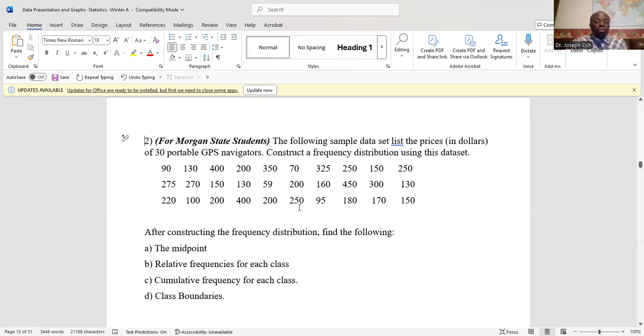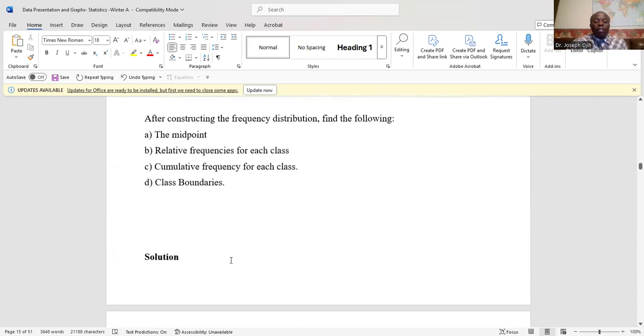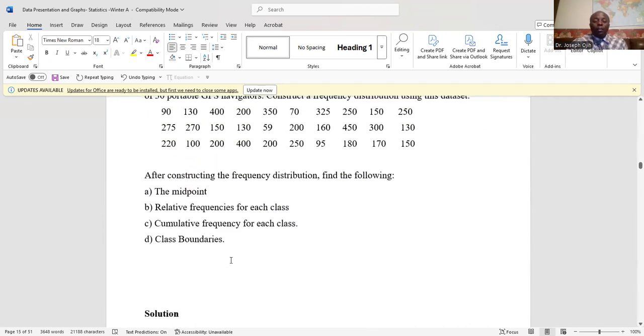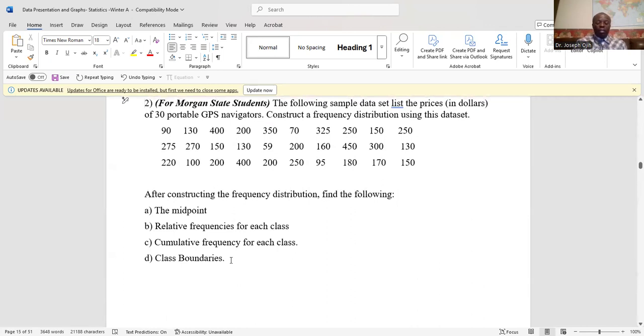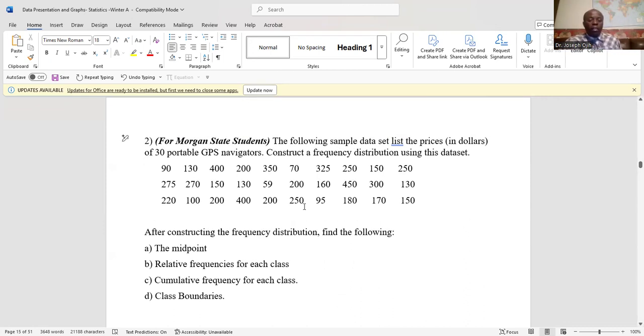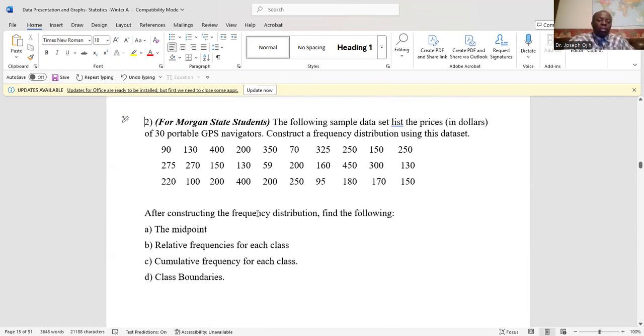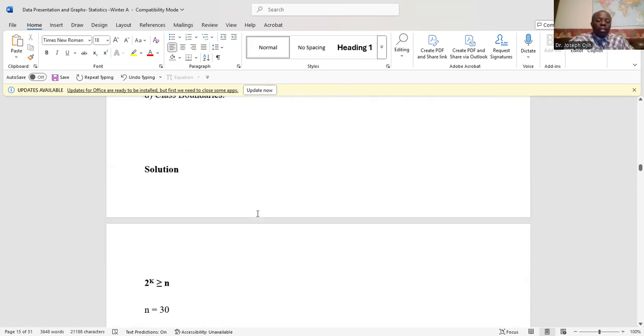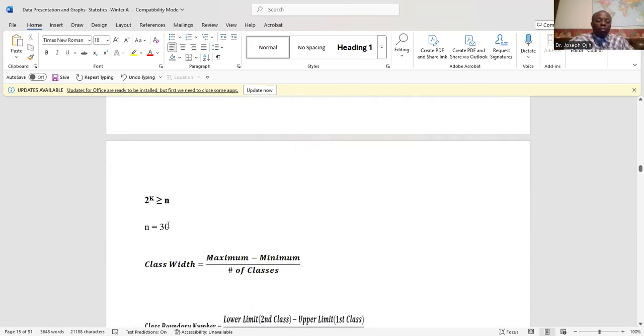First thing is to determine how many classes we will need. It says to construct a frequency distribution using the prices of 30 portable GPS navigators. Let's find the number of classes. There are 30 of them, so I won't start from 2. Let me start from 3.